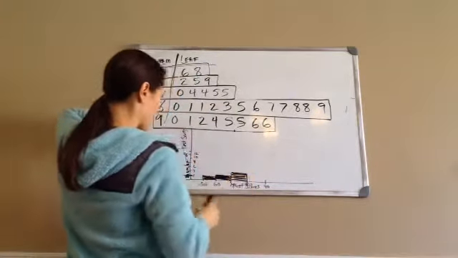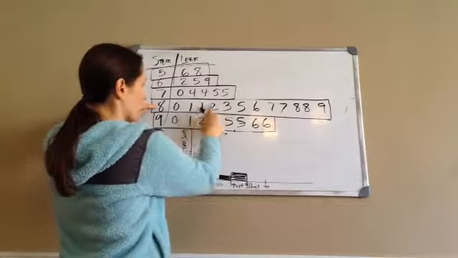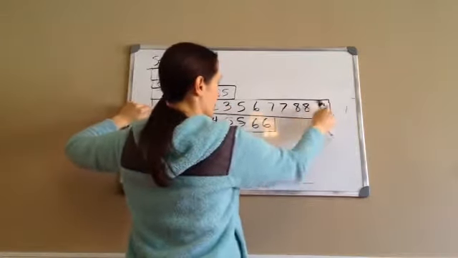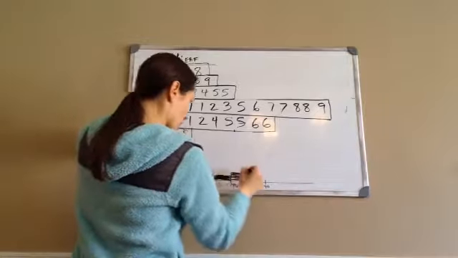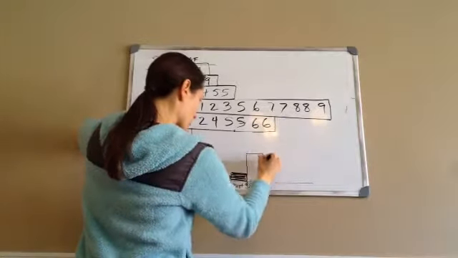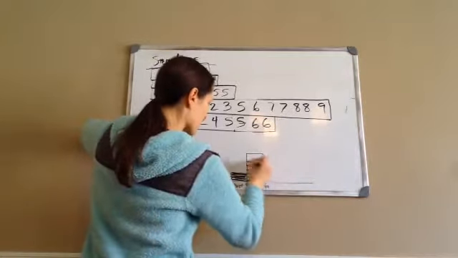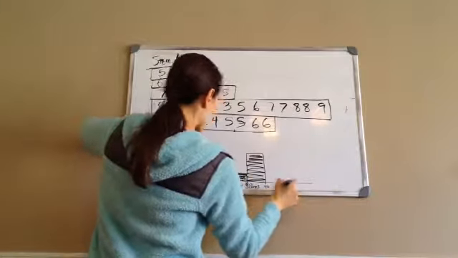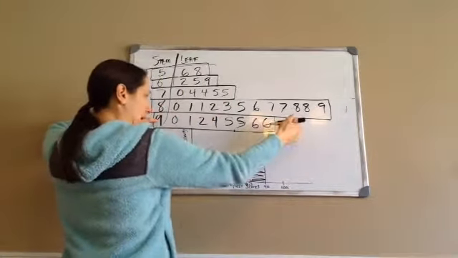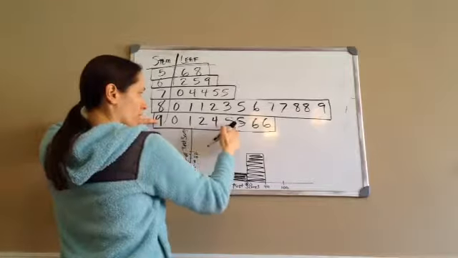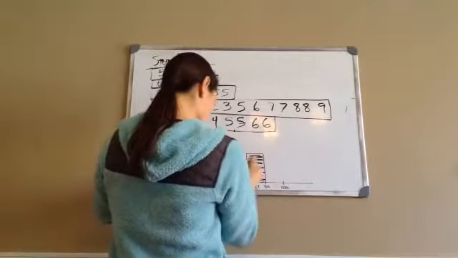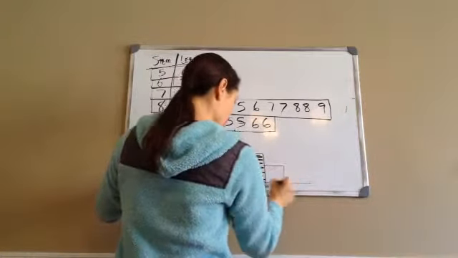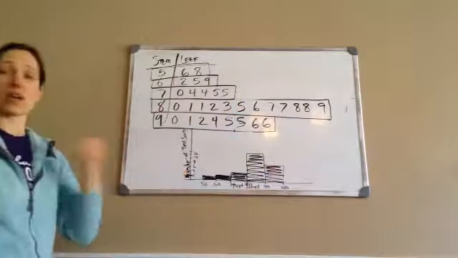Then 80, I have 12, all the way up to the top. From 80 to 90, and then 90 to 99, there are 8 of them. And that's called a histogram.